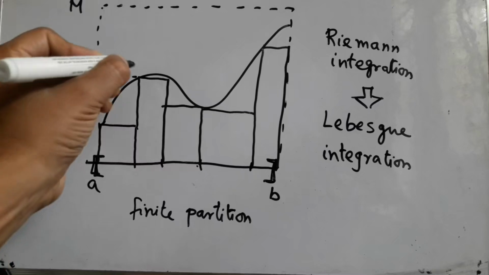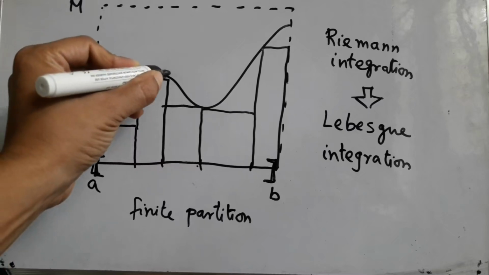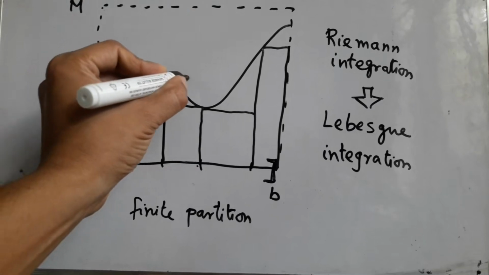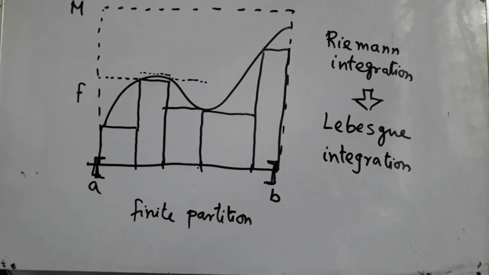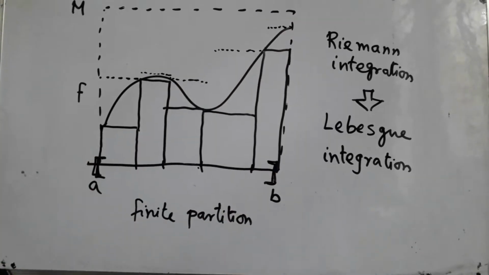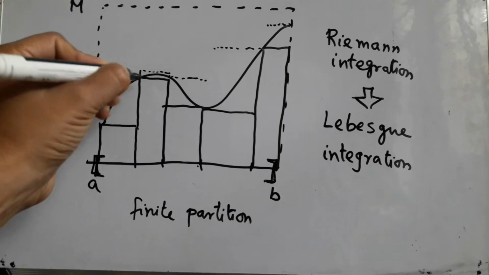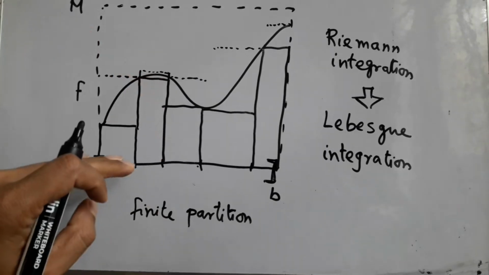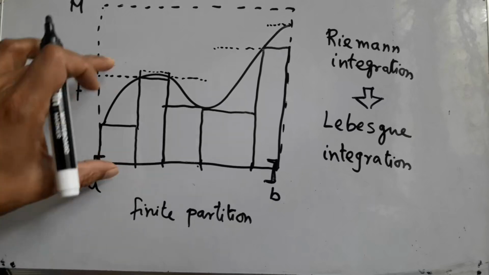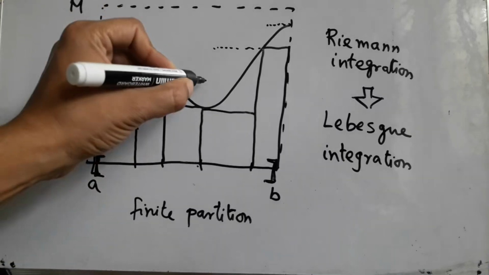Similarly from here it will be this, over here it will be something like this, and similarly it should be like this over the other intervals. So now I get another set of rectangles. I am always measuring all rectangles starting from the x-axis going up to the dashed lines.